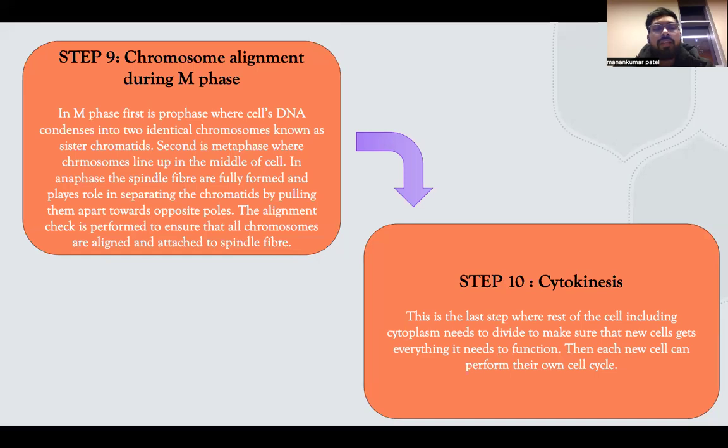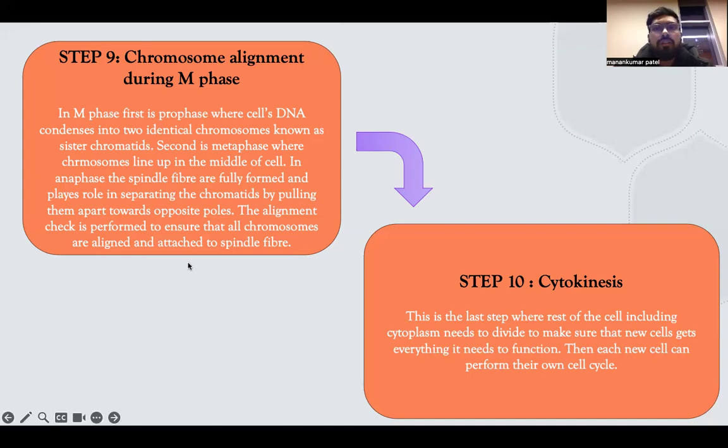The alignment check is performed to ensure that all chromosomes are aligned and attached properly to the spindle fibers. Then at last in the cell cycle, cytokinesis takes place. This is where the rest of the cell, including the cytoplasm, needs to divide to make sure that the new cell gets everything in it to function. Then each new cell can run and perform its own cell cycle.